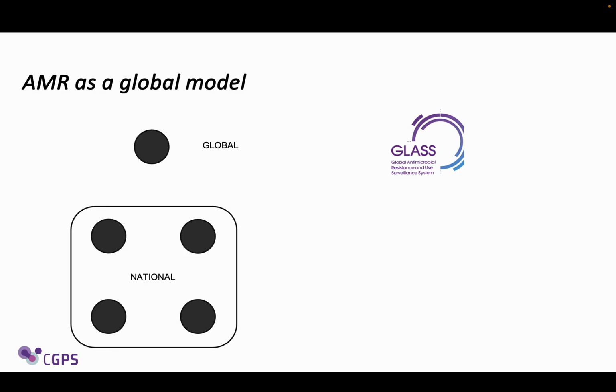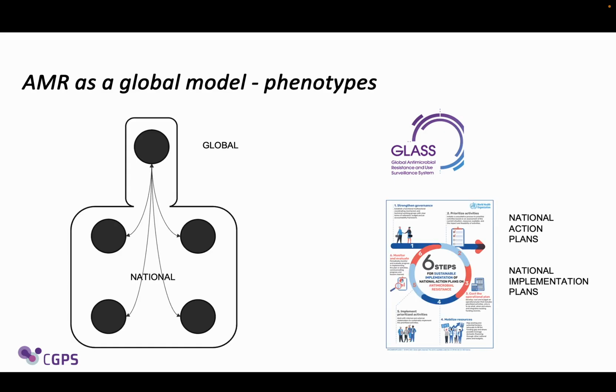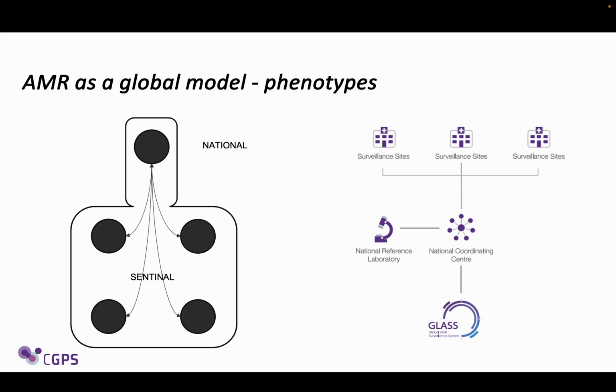And this consists of this global entity that national entities feed into. So there's an information flow from national public health agencies, through the development of national action plans, national implementation plans, etc., that's focused on supporting both regional and national endeavours, but also then feeding information up to get a broader global picture.